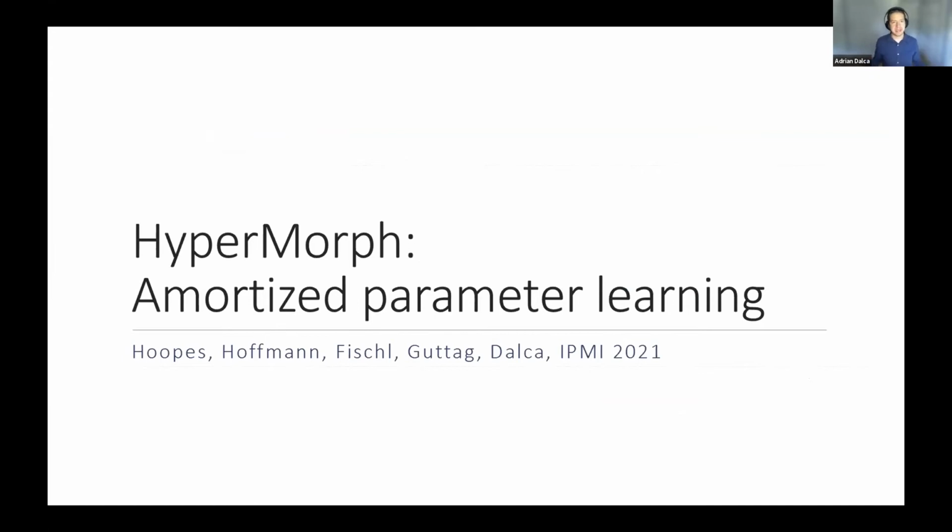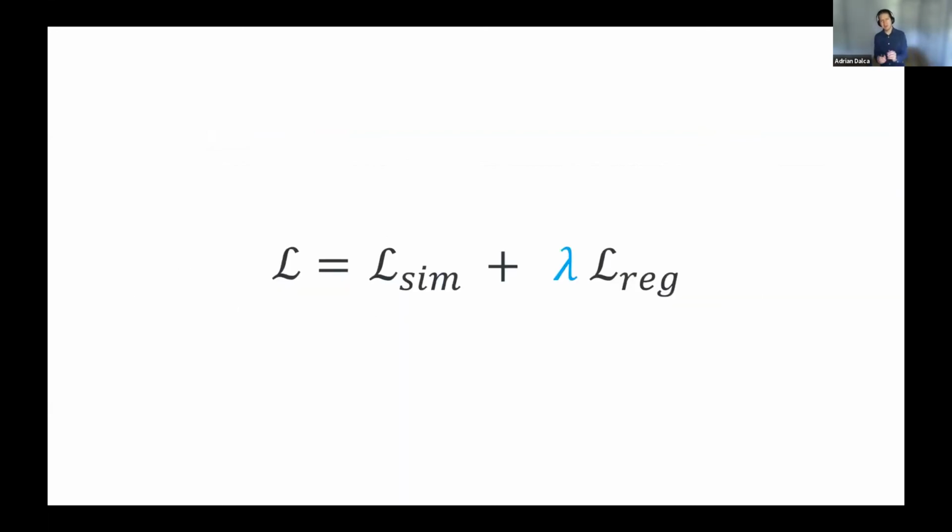Now, this is endemic in machine learning and optimization. There's always hyperparameters that we have to deal with. So here as an example, I'm choosing this one hyperparameter that's always been a plague on registration, which is the one that balances how much do I care about matching the images and how much do I care about regularization. And people have come up with all kinds of strategies to choose these. A lot of the times it's manual. When in my PhD work, we did a lot of manual search.